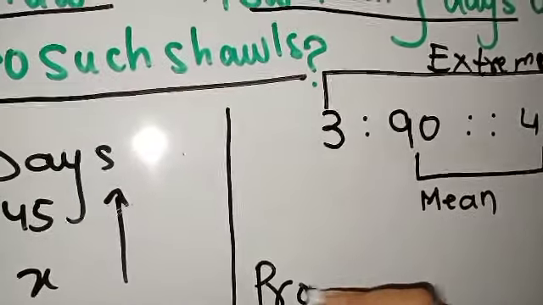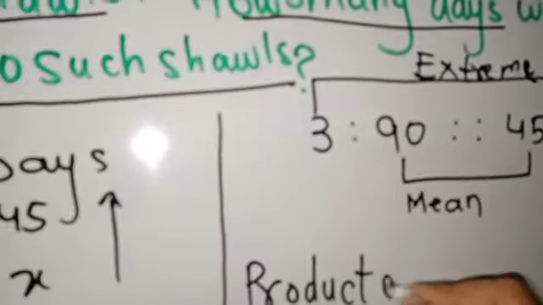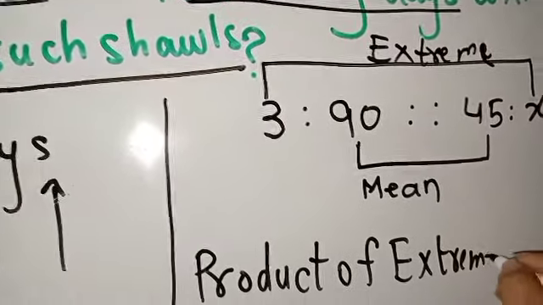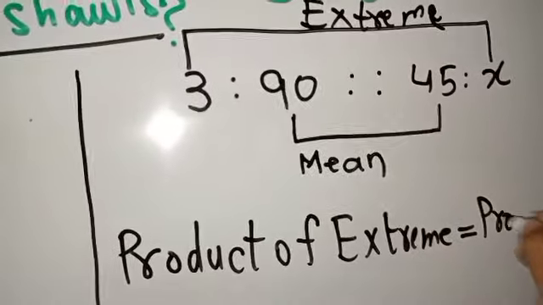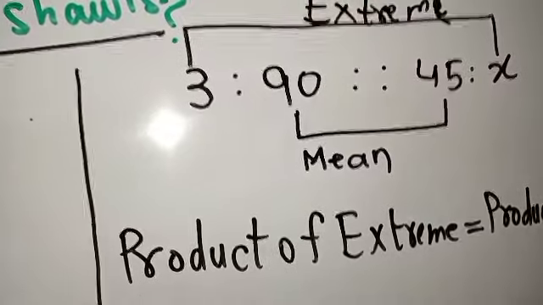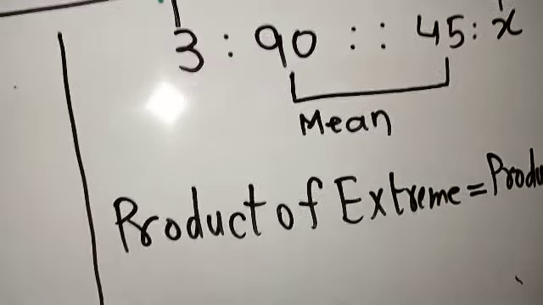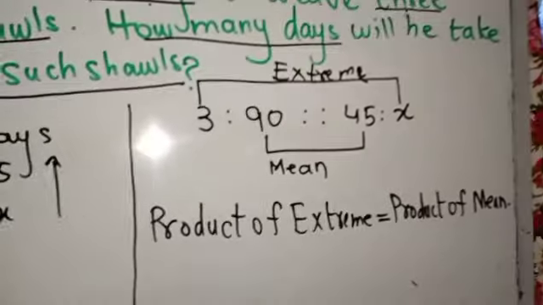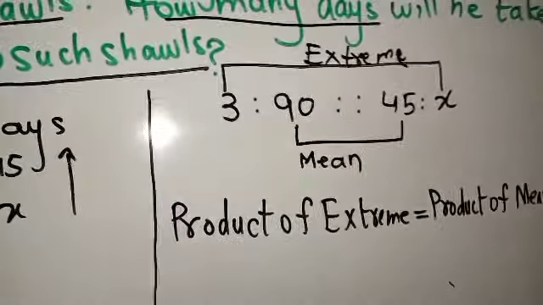Now the formula is: product of extreme is equal to product of mean. This is the formula which you have to learn.